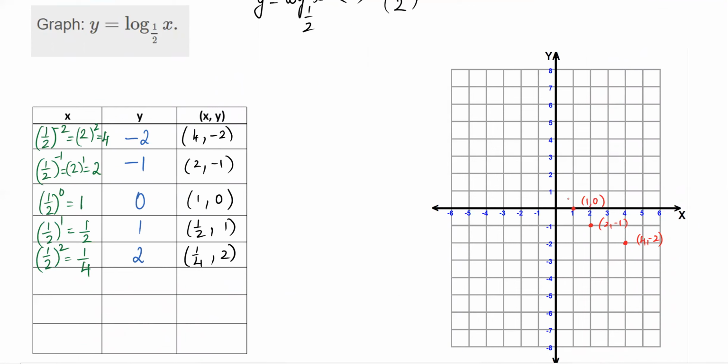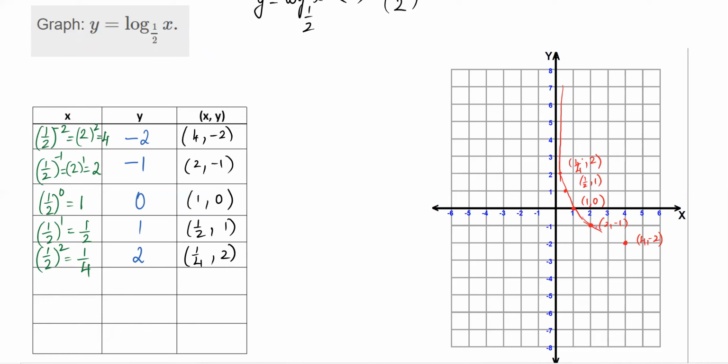So 1/4 of that and 2. So you can see this one comes down like this. It looks more like an L, right? That will be y equals log x to the base half.